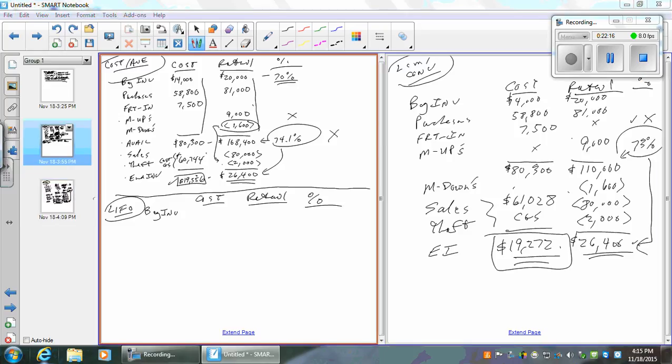Okay, what's the beginning inventory? 14. Right, guys? What's the retail? 20. What's the percentage? 70. This time, we're going to use that, because that's our old LIFO layer, right?